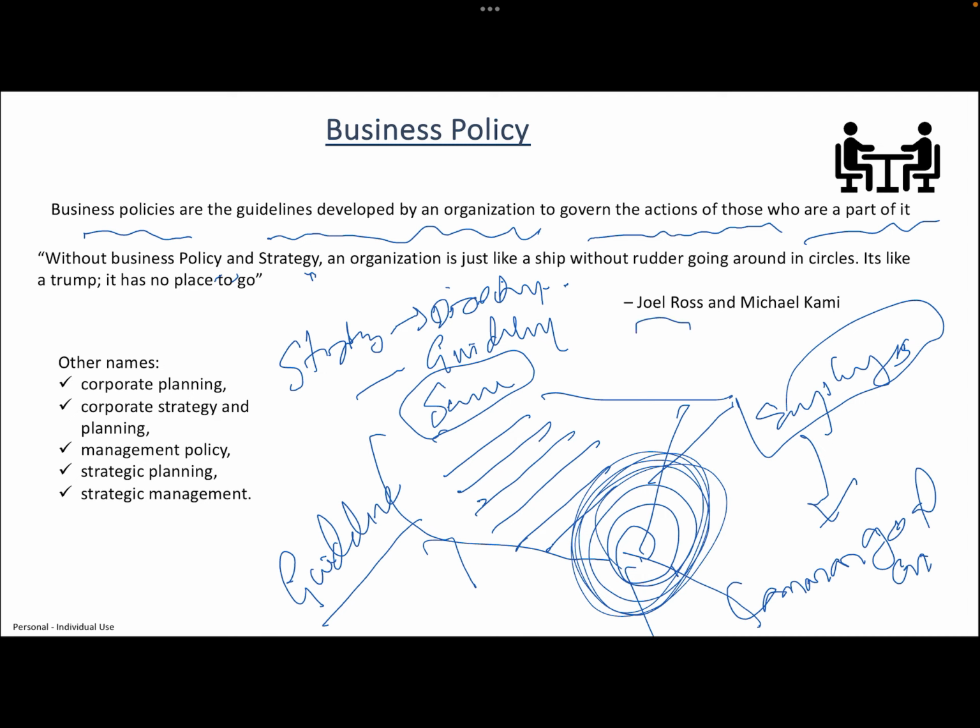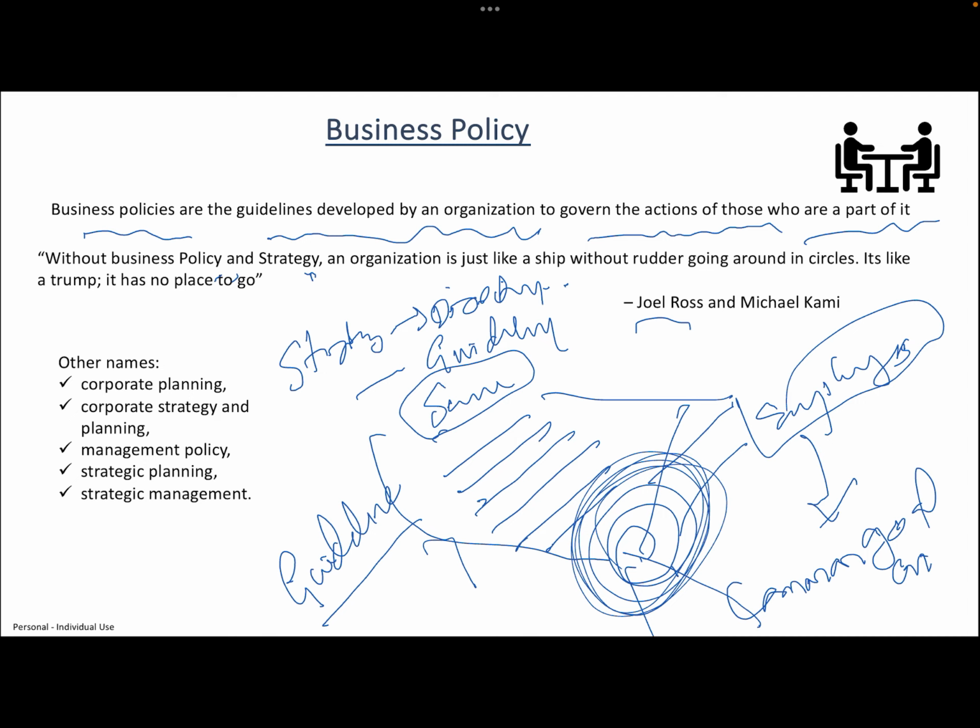That's what Joel Ross and Michael Kami are of this opinion. A business without business policies is like a ship without any rudder, which will circle around within the water, and there will not be any direction to move ahead. So that's why it is important to have business policy as well as strategy.